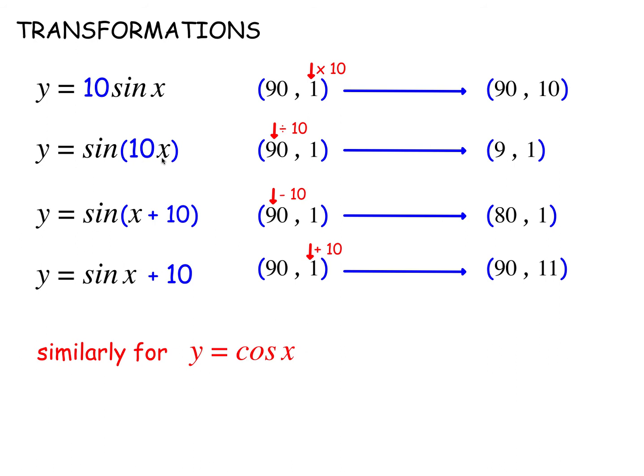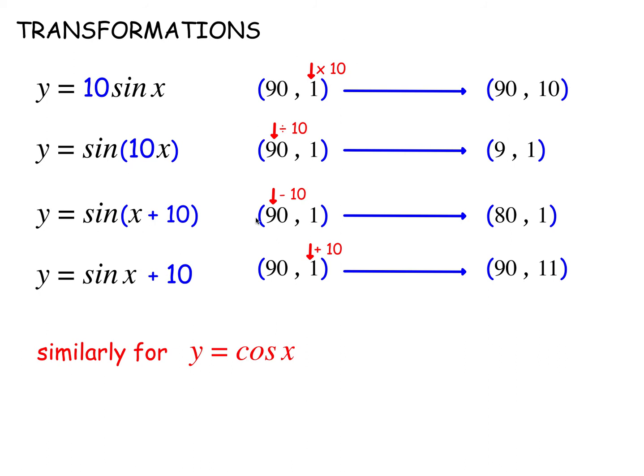If it says 10x here in the brackets, you divide the x coordinates by 10, so (90, 1) became (9, 1). If it says x plus 10 in the brackets, that means take 10 off the x. (90, 1) became (80, 1). This is the y coordinate sine x, and we added 10. So you basically add 10 onto the y coordinate. (90, 1) became (90, 11). These are the images under the transformations. That's 4 different transformations.